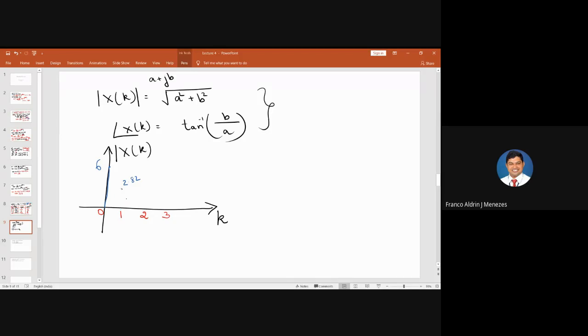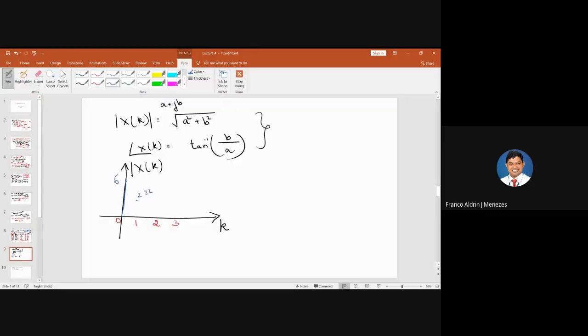For 2, it is 2, and for 3 it is 2.828. So this is the plot we can see here: 6, 2.828, 2 and 2.828. This will be the magnitude plot.